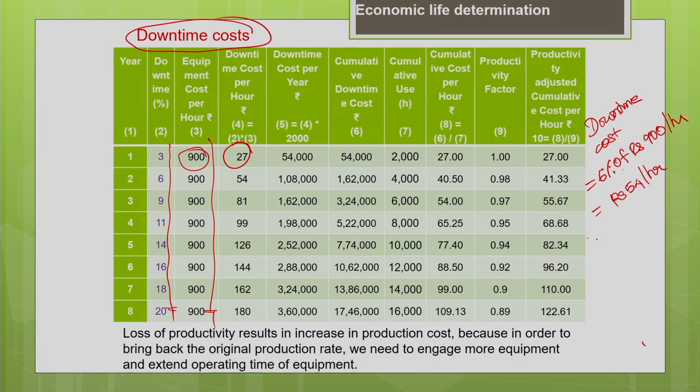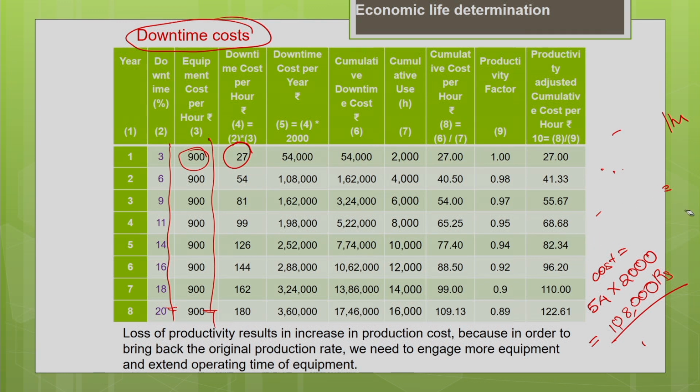So yearly downtime cost equal to 54 multiplied by 2000, the yearly usage of the machine is 2000 hours. So 54 multiplied by 2000 gives you 1,08,000. So 1,08,000 rupees is your downtime cost for the second year.